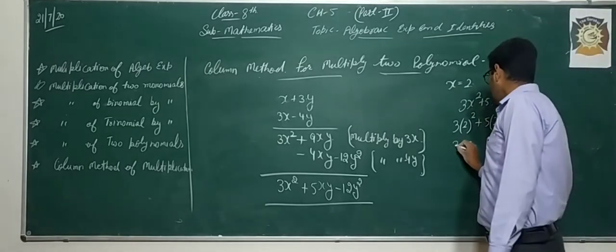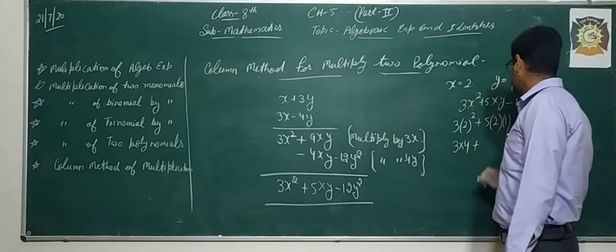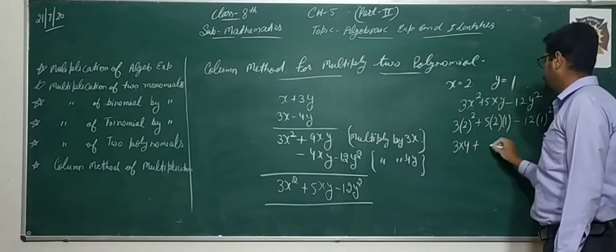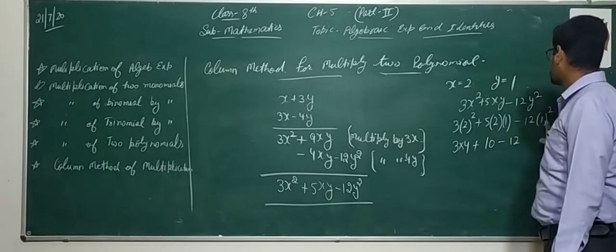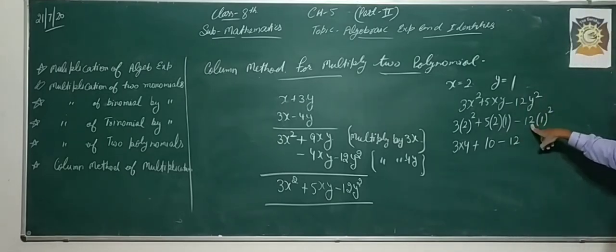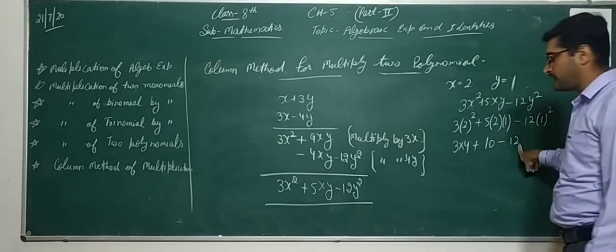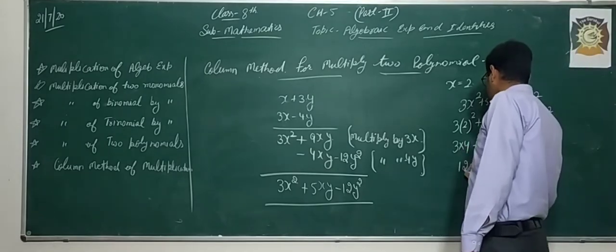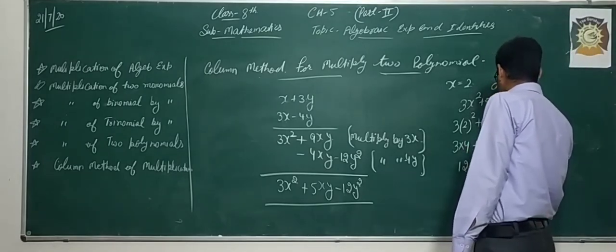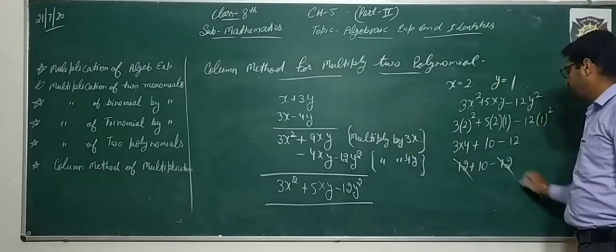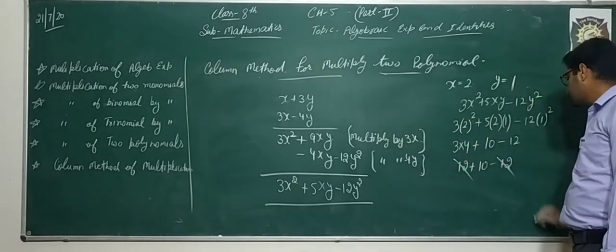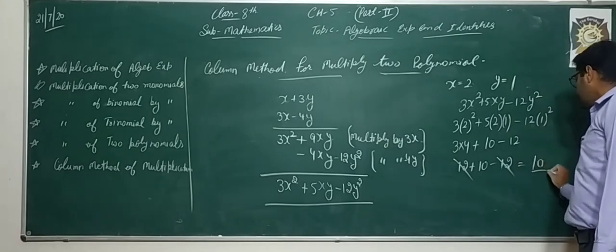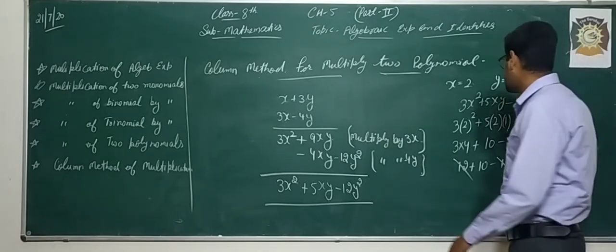Now this will be 3 into 4, 5 into 2, 10, 10 into 1 is also 10, and minus 12, because 1 square is 1 and 12 multiplied by 1 is 12. 4 into 3, 12, plus 10 minus 12. 12 cancels with 12 because one is plus and the second is minus. So finally the answer is 10.